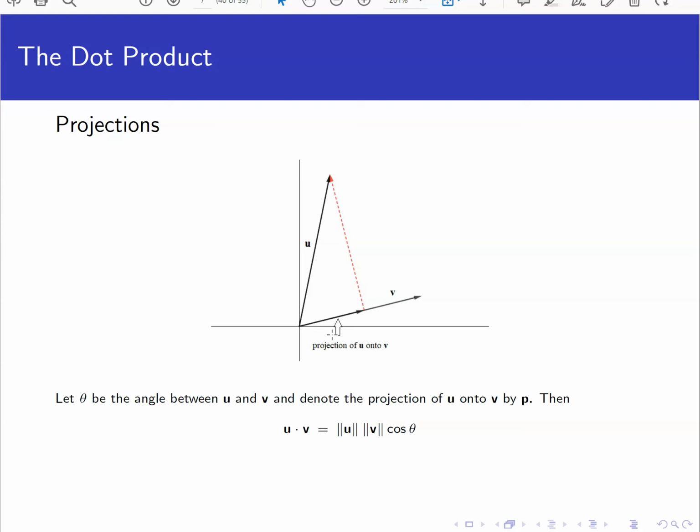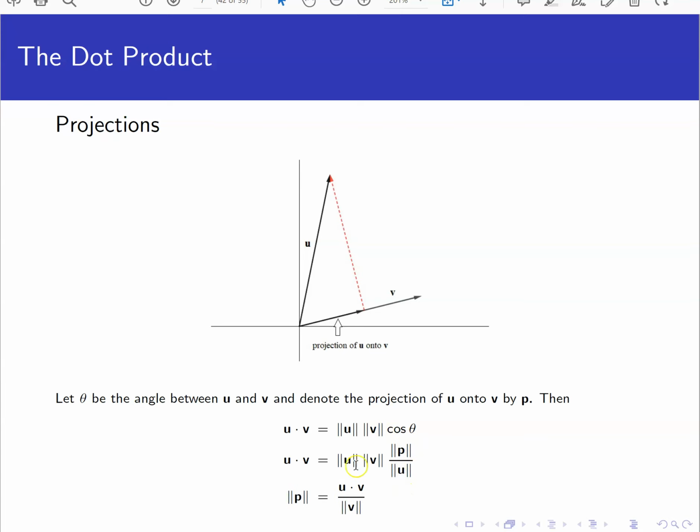Well, we have a way to compute the angle between the two vectors. We know that u dot v is magnitude of u, magnitude of v times cosine of theta. We also know a way to calculate cosine of theta. We've formed a right triangle, so cosine of theta has to be the length of the adjacent side over the length of the hypotenuse, or magnitude of p over magnitude of u.